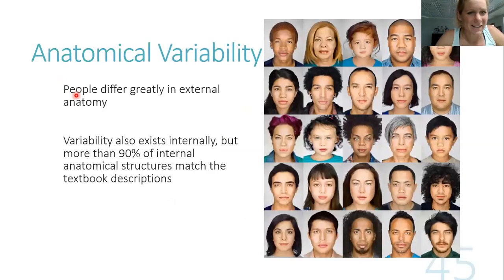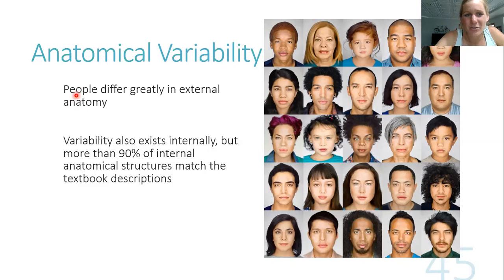This is just interesting, I think. We think about anatomical variability, and the difference in people. The differences in people within this class will be really interesting for me to see. I love this. People differ so greatly in their external anatomy. Look at how different each of these people look in this chart. Variability exists internally as well, but more than 90% of our internal anatomical structures match these textbook descriptions.